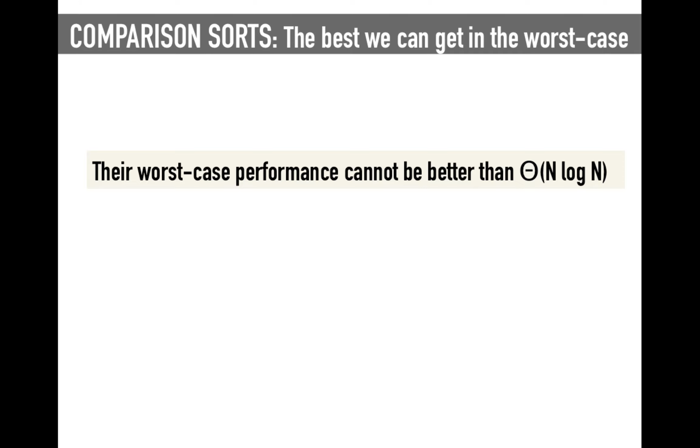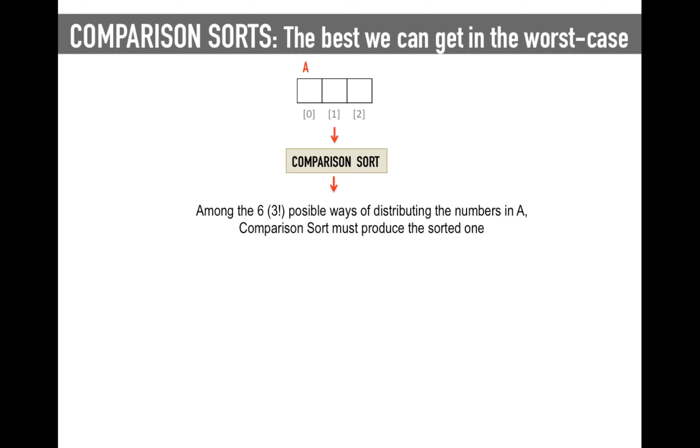So let's say that we have a small array, just for the example to fit in this screen. We have a small array made of 3 elements, and we want to perform a comparison sort algorithm on this array to get the sorted numbers.